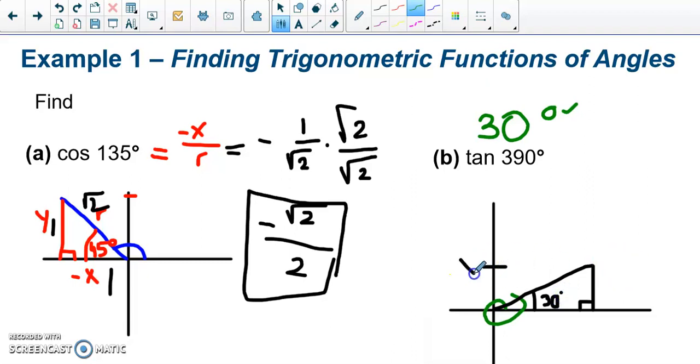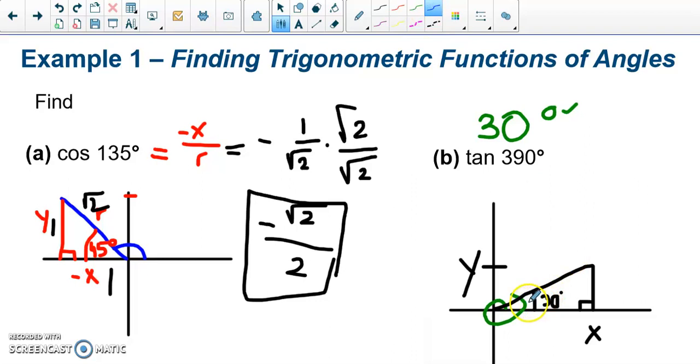Height is y, it's positive. This is x, it's also positive, right? So we know it's going to be a positive value. Tangent of 390 degrees will be a positive value. This is a 30, 60, 90 special right triangle.